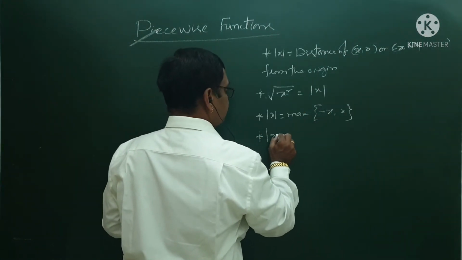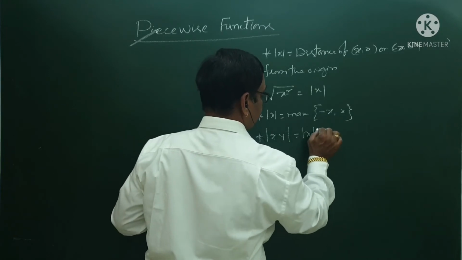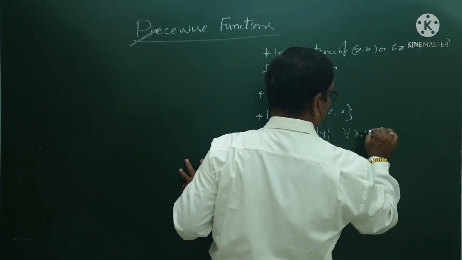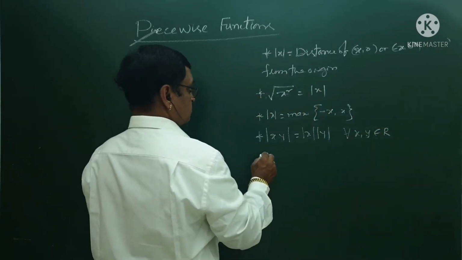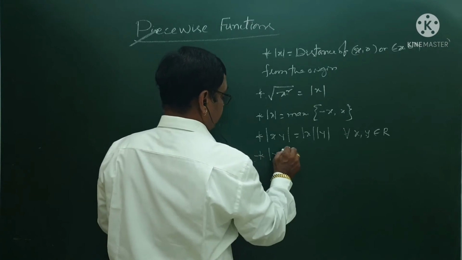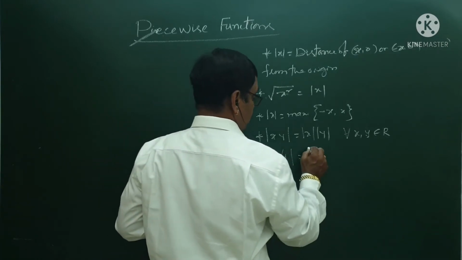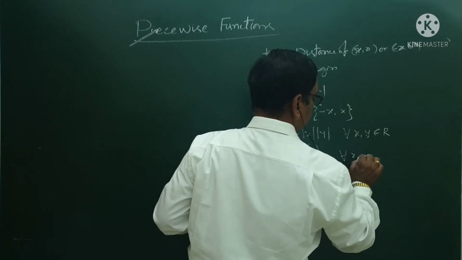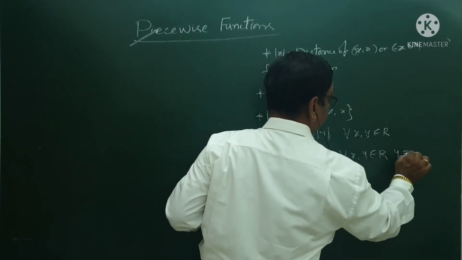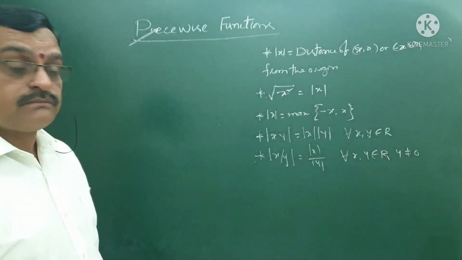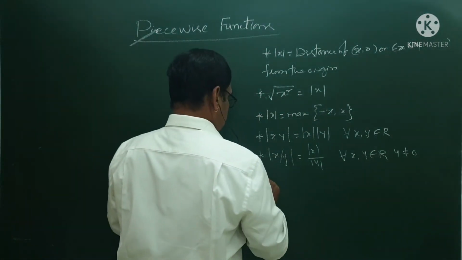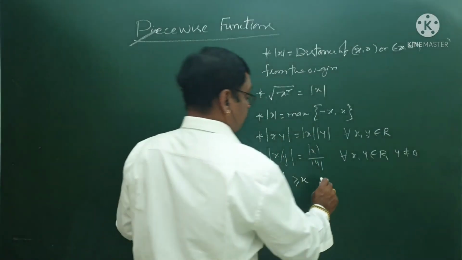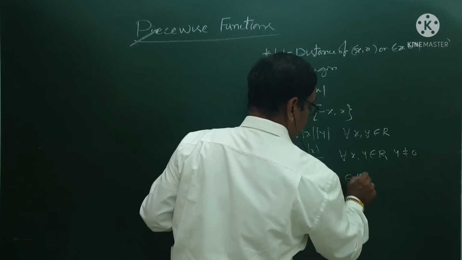Mod of x into y is equal to mod x into mod y, for all x, y belonging to the real number set. Mod of x by y is equal to mod x by mod y, of course y is not equal to 0, for all x, y belonging to R. Moreover, mod x will always be more than or equal to x for all x belonging to the real number set.